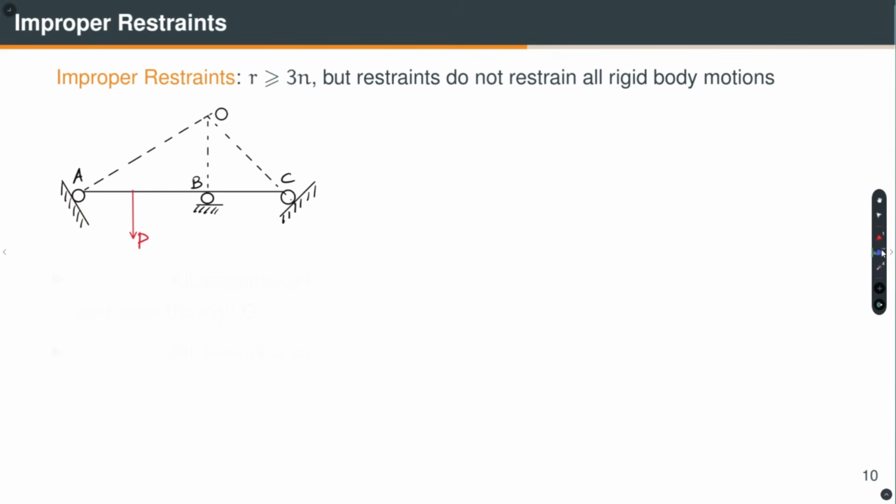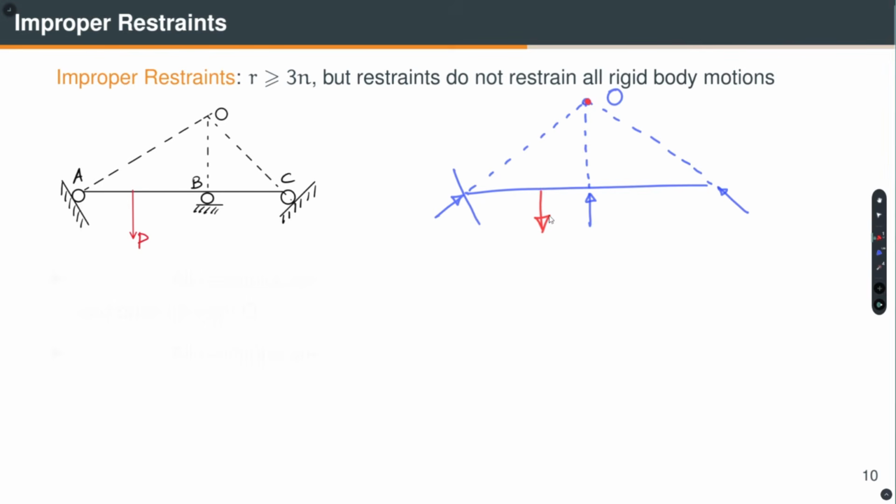So, if I draw the free body diagram, what do you see? You see that there is a reaction here, okay, and then here there is another reaction, and here there is another reaction, right. So, what is happening? All the three reactions are concurrent, they are meeting at point O. So, imagine now I am applying a load here, right, and if I take moment of this load about this point, then what is happening?